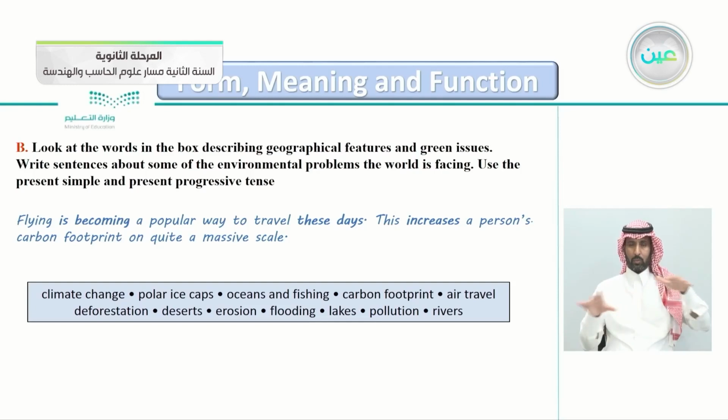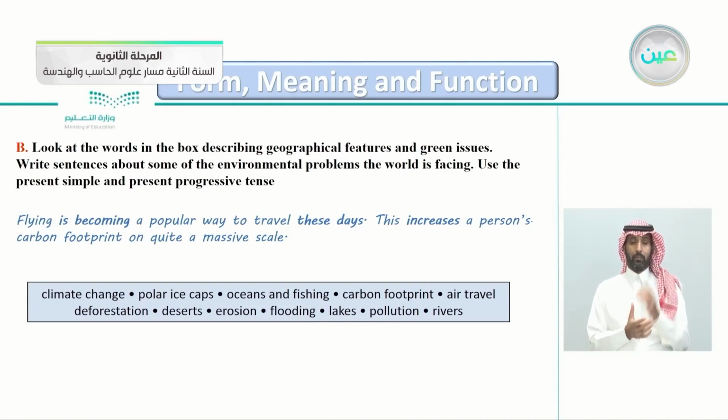So flying is becoming, this is the progressive here, a popular way to travel these days. This, of course, is a time expression. This increases, this is a fact here, this is the simple present, a person's carbon footprint on quite a massive scale.